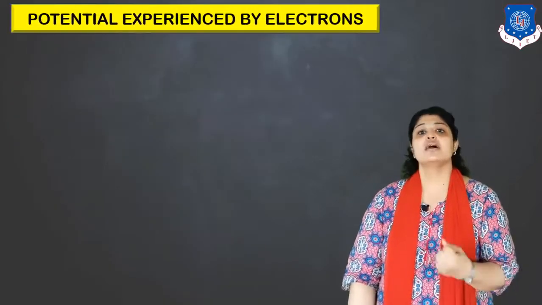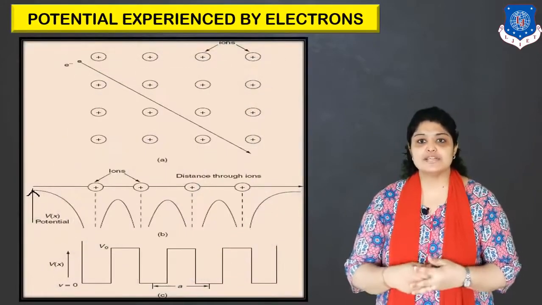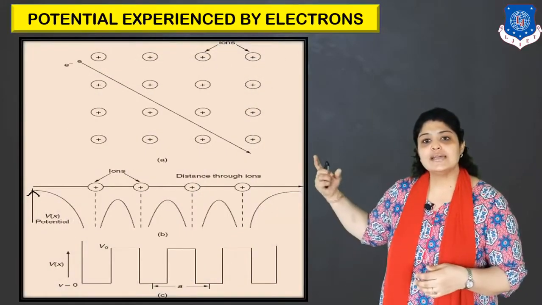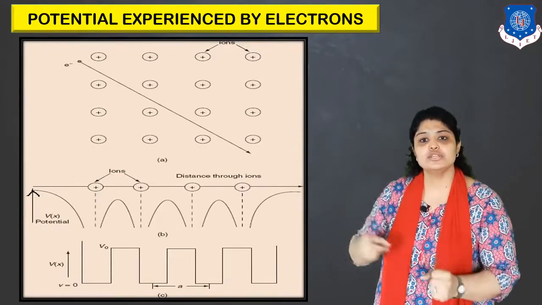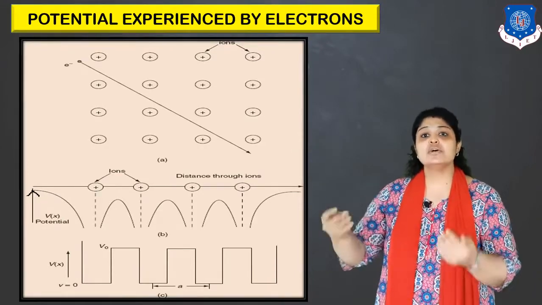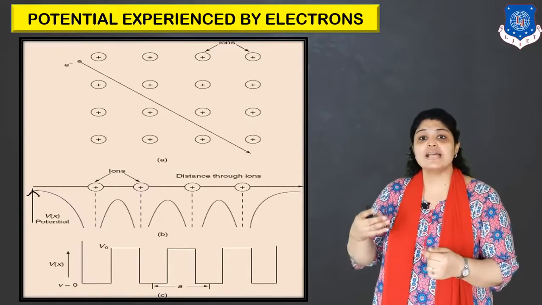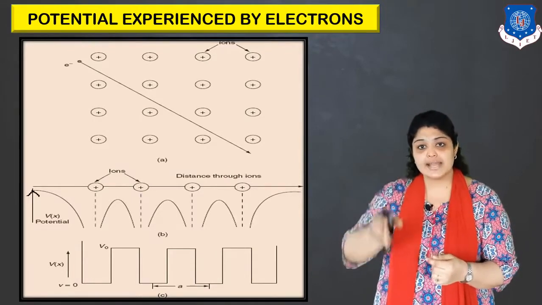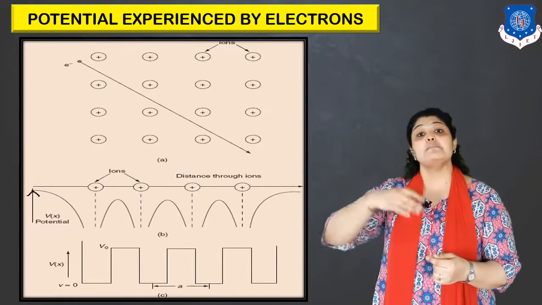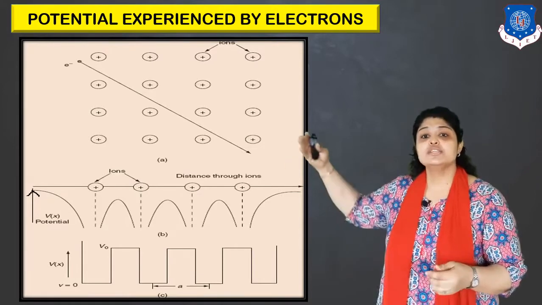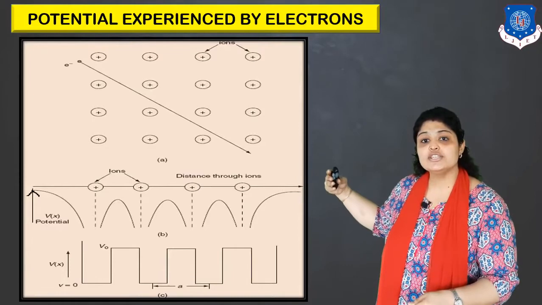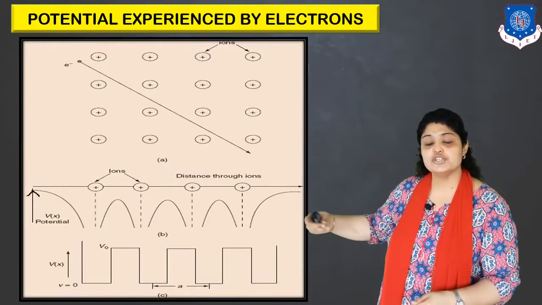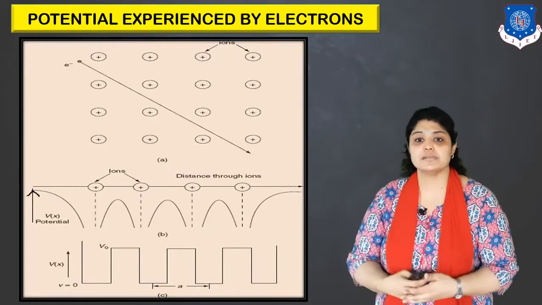Let's see what the potential experienced by electrons is. In this diagram, the upper portion shows simple one-dimensional motion of electrons, based on the concept that electrons have zero potential in line with the positive ion and maximum in between the two. Look at the second diagram, which indicates zero potential, then maximum potential, then again zero and again maximum.